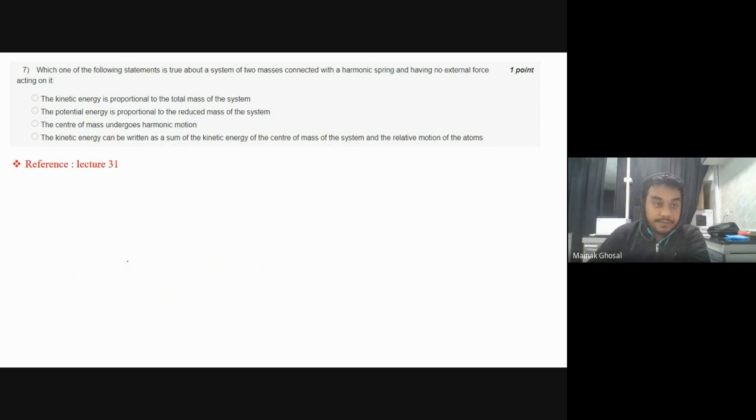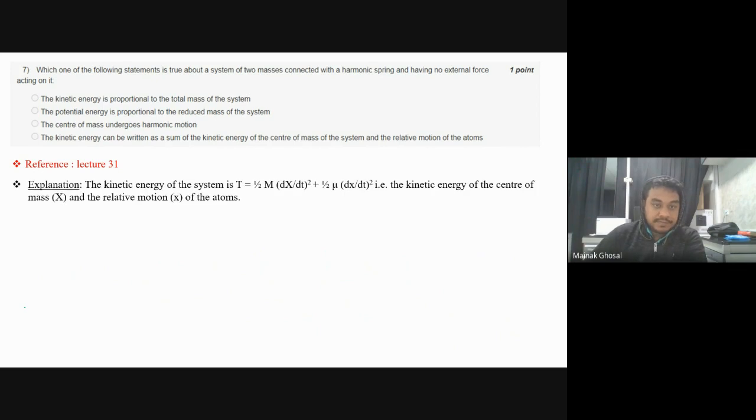First of all, you can find this answer in lecture number 31, where it was discussed on the very first page that the kinetic energy of the system can be expressed in terms of the center of mass and the relative motion coordinate. I'll just explain it briefly; a detailed description was given there. It starts with a spring connecting two bodies which have masses m1 and m2.